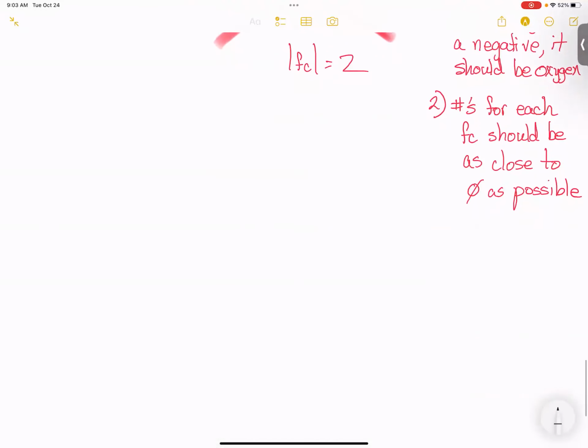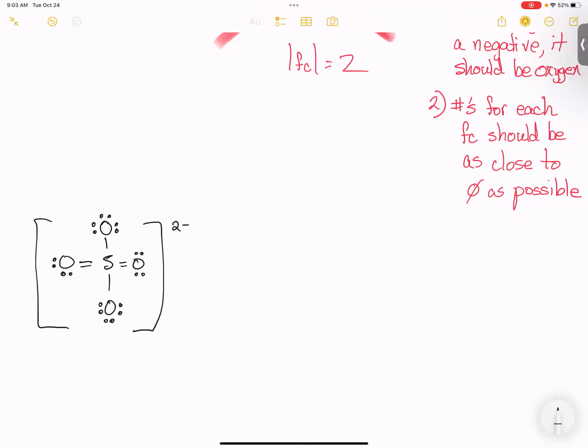Okay, the one I had listed that was valid was this structure. And because it is an ion, you're going to place it in brackets with the charge outside.